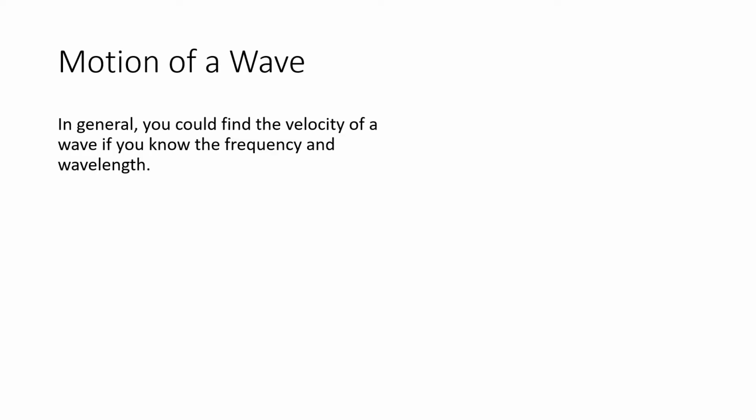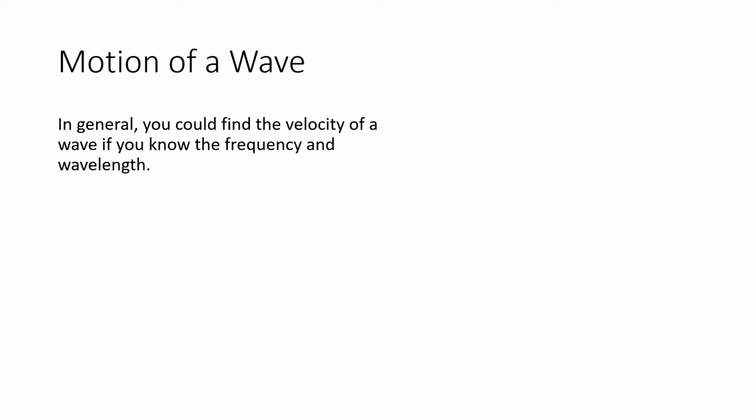Now, these things will often be moving. They're things that transfer energy from one place to another. So in general, you can find the velocity of a wave by knowing some features about it already. If you already know the wavelength, you know pretty much the size of it.